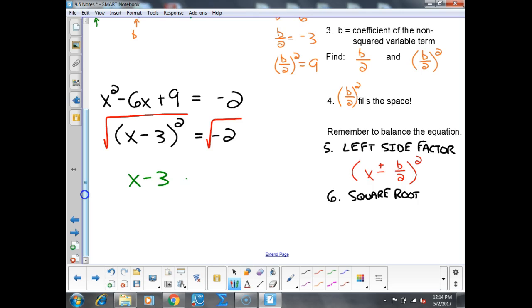What do I get on the right? Close. Plus or minus, because we're taking the square root. So we get plus or minus i squared to 2. Now I want to solve for x. So I get x equals 3 plus or minus i square root of 2.